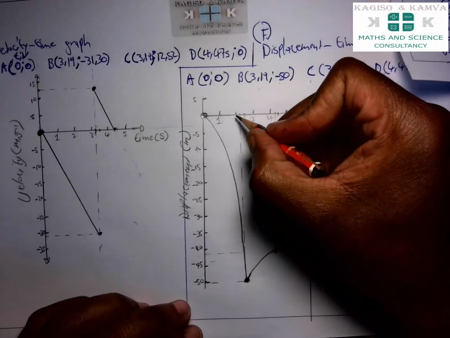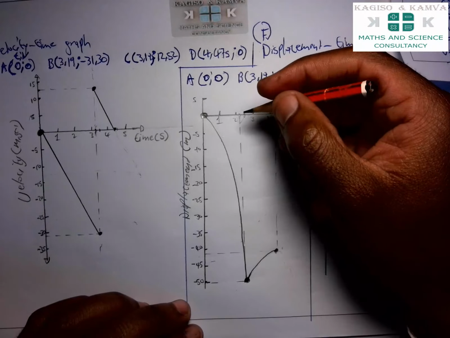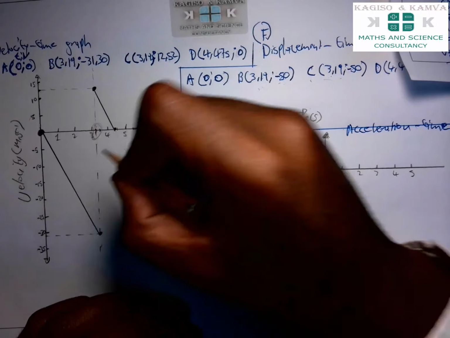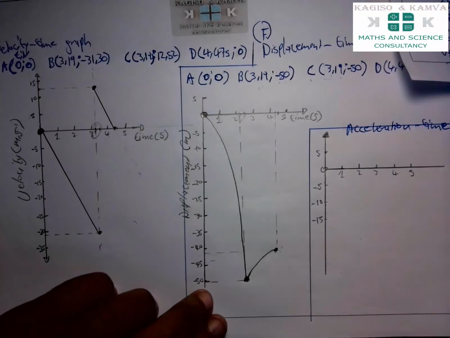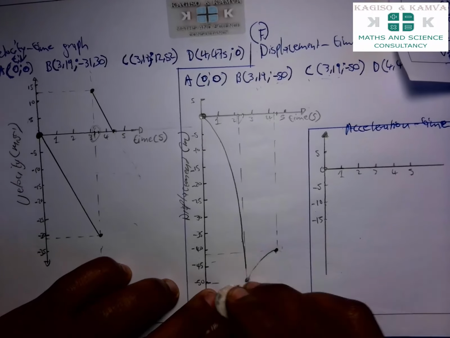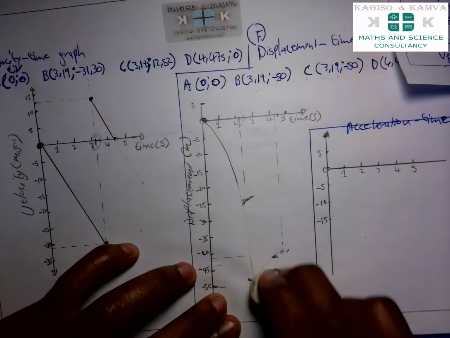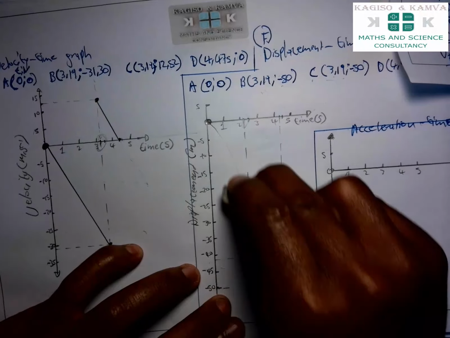Now at this time here, 3 comma, okay, this was not supposed to be here. It didn't bounce here. It didn't bounce there.